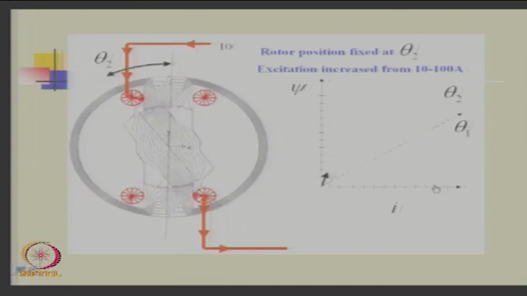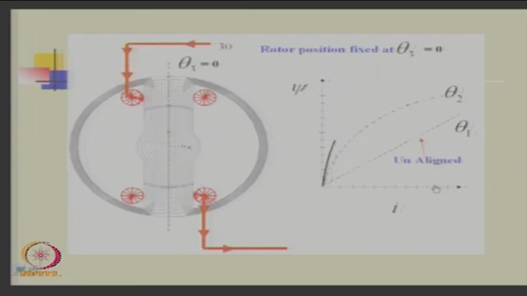So, you have a family of psi I characteristics for different theta. Therefore, what will happen to co-energy? Co-energy will increase, more co-energy in aligned position than in unaligned position for the same current.